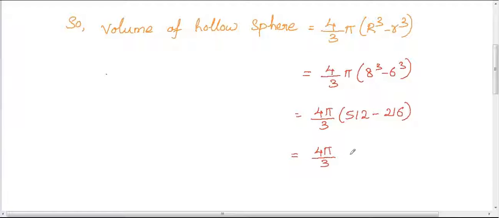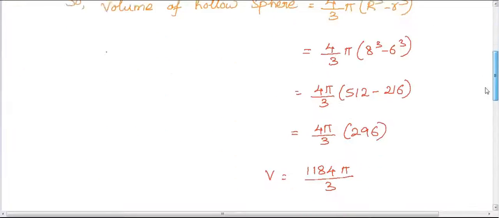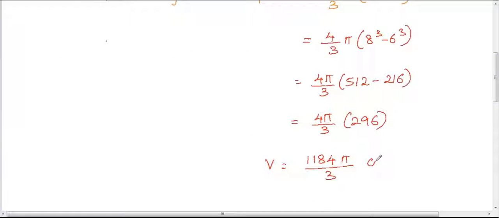So 4 pi by 3 into, if we subtract that, we'll get 296. So the volume of the hollow sphere is 1184 pi divided by 3 centimeter cube. That's the unit of the volume.